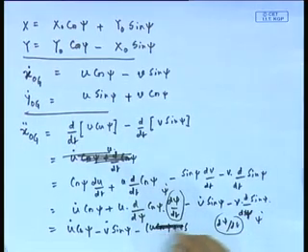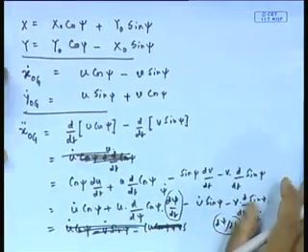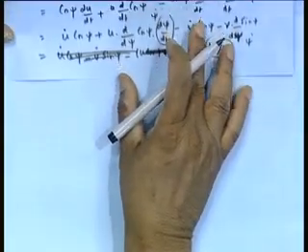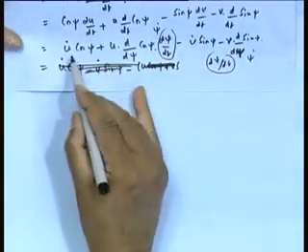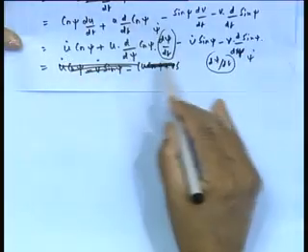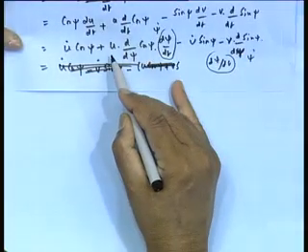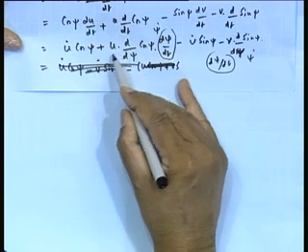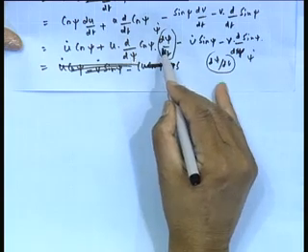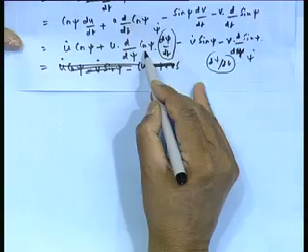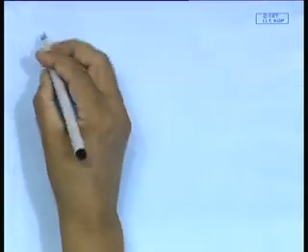Actually let me write it down on the next page, otherwise it is becoming confusing here. See here, this term is minus u sin psi into psi dot, because d by d psi of cos psi is minus sin psi. Or rather, let me write it again.